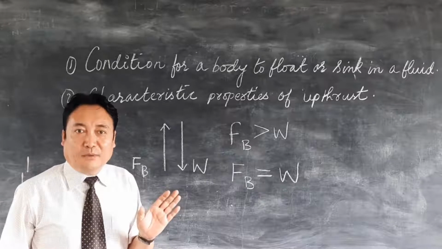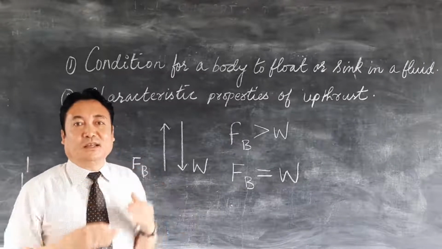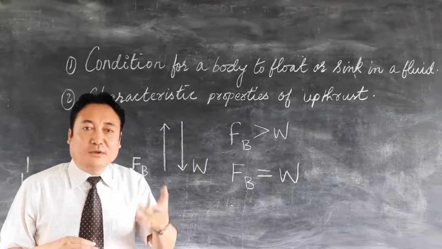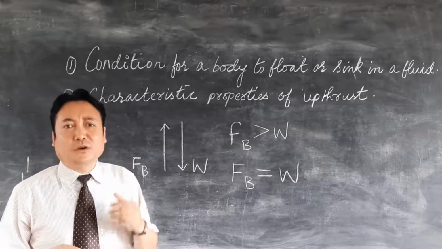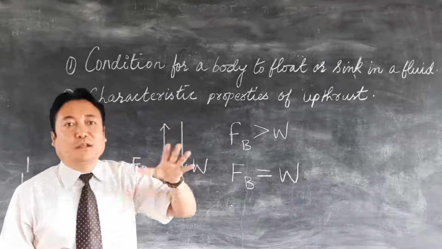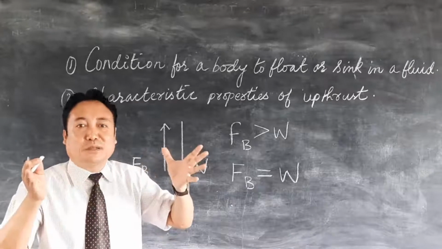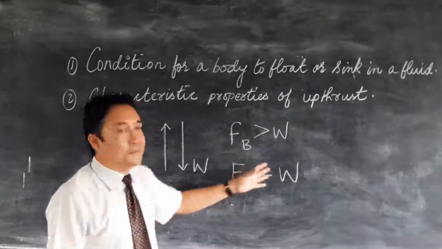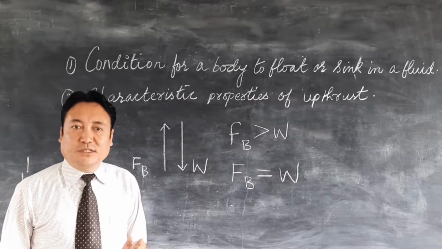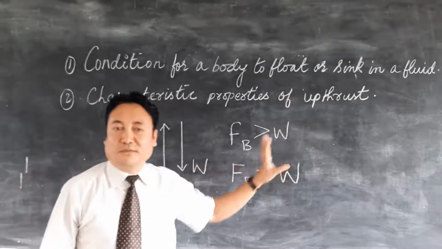But here a small portion of the body will remain inside the water. For example, you can take a feather or a cork. You just drop it in the water, they will float. Only a small portion will remain inside the water and a larger portion will remain just above the water. So in that case, the upward force is equal to the weight of the body. In both cases, the body will float.